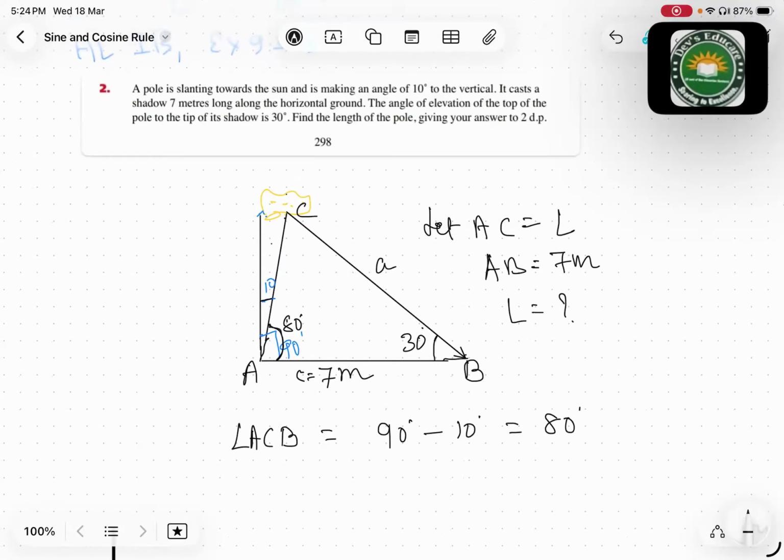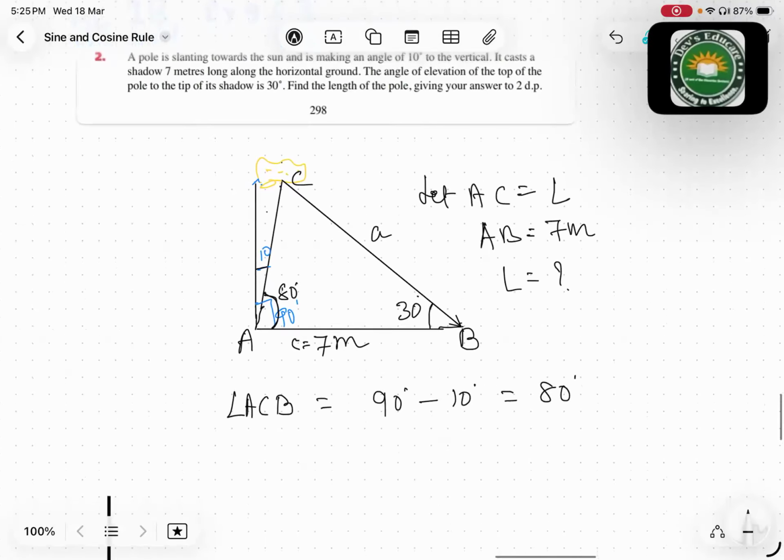Find the length of the pole, giving your answer to 2 dp. So we have L over, and we need to find this angle.